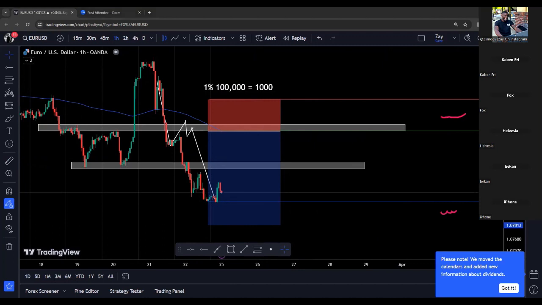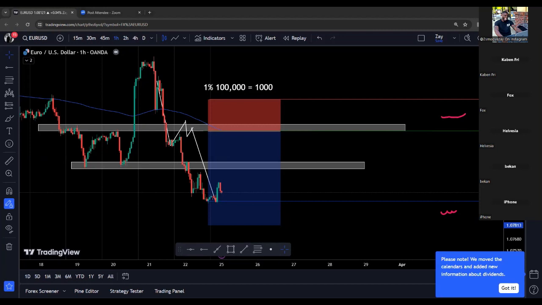Damn, you can still use the standard lot size. It looks to me like you can take $1,000 divided by 30 pips, and that will give you a lot size. Hold on, say that one more time because that might help me. I said you can take that $1,000 that you're risking and divide it by the 30 pips, and that will give you a lot size. Oh yeah, you real smart.